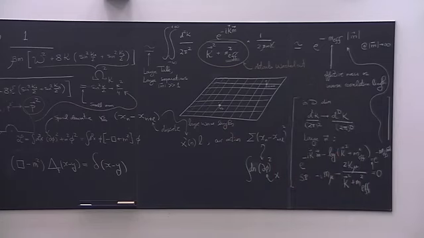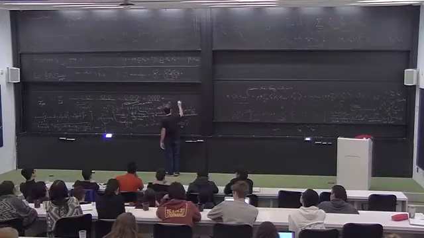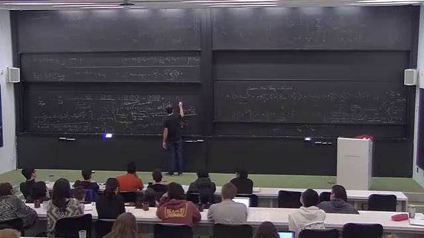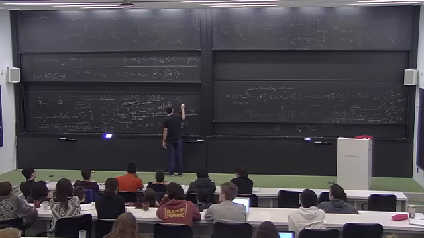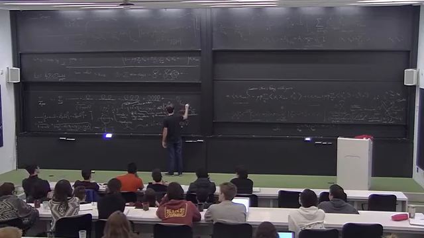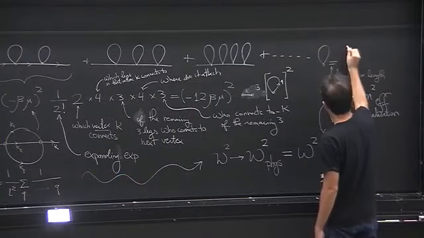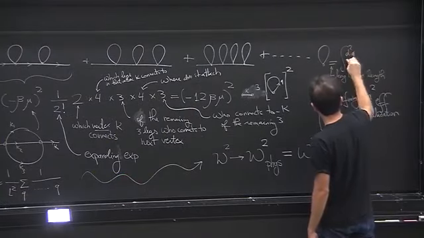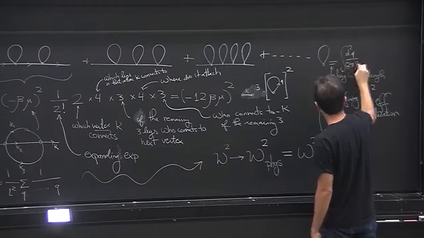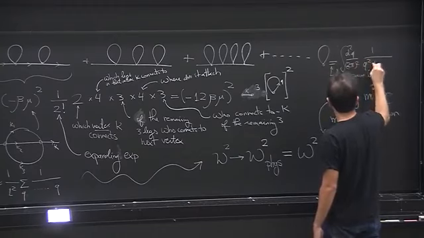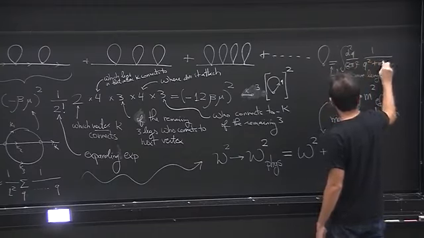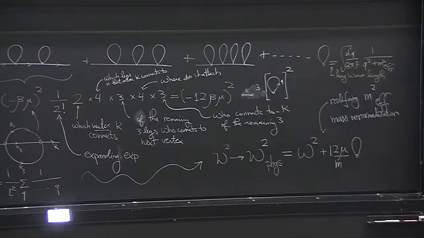But if I were to do it in this bubble diagram, if I take the bubble where I use the long wavelength approximation, this would be the integral over d2q over 2 pi square, 1 over q square plus m effective square. I'm just replacing the sum by an integral.